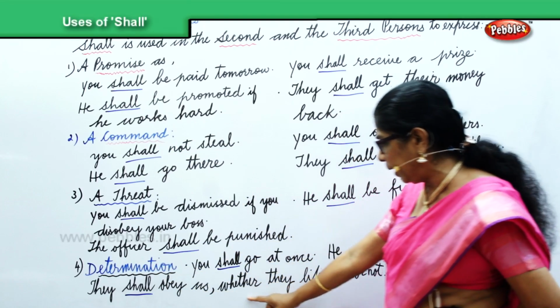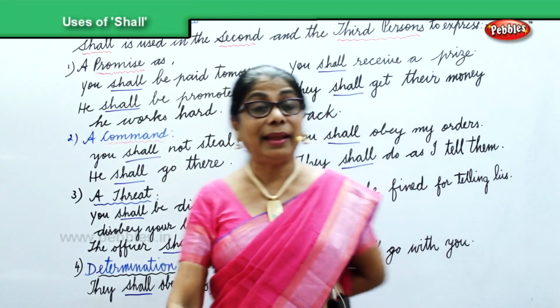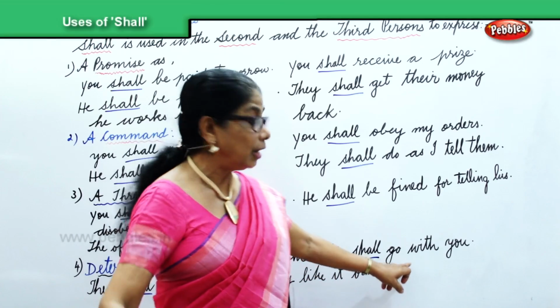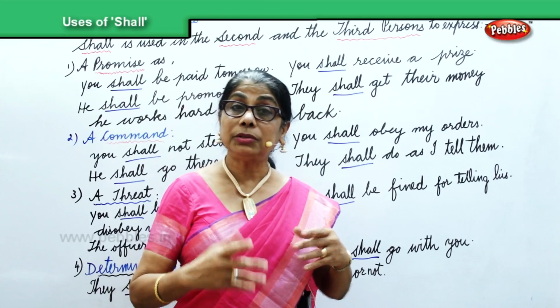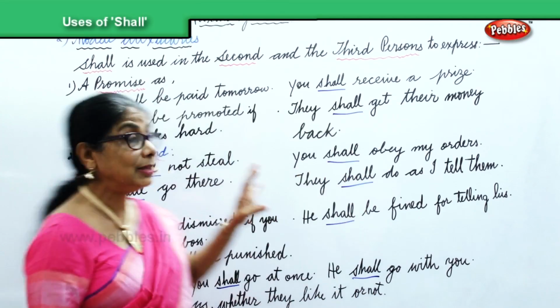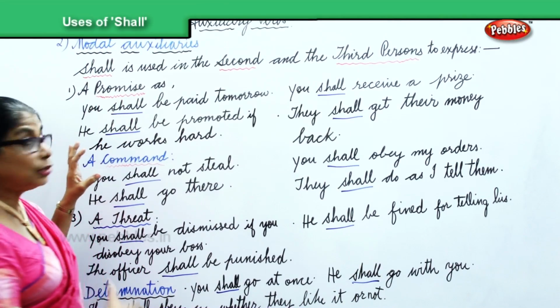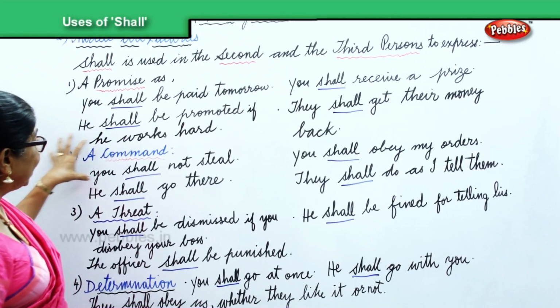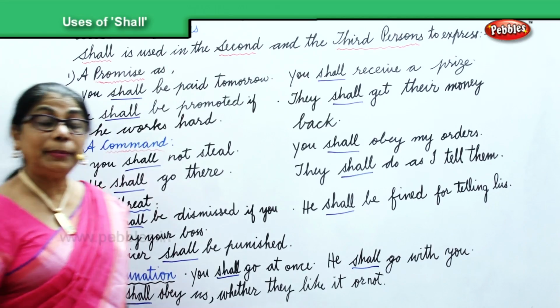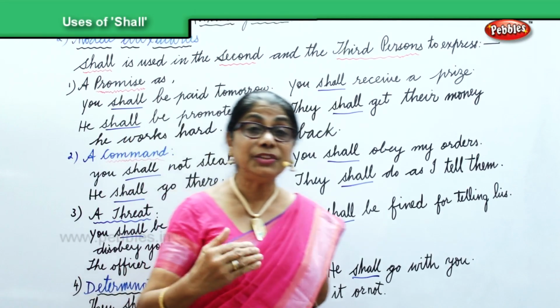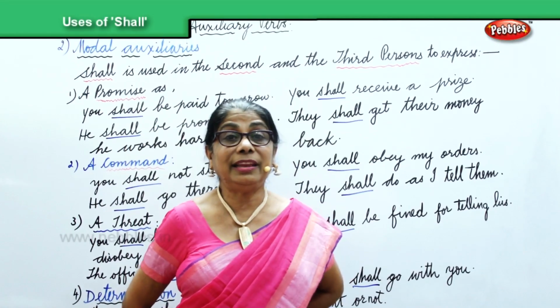They shall obey us whether they like it or not. He shall go with you. So, in the modal auxiliaries, we have four categories: one, a promise, two, a command, three, a threat, and four, determination. This is how shall is used as an auxiliary verb.